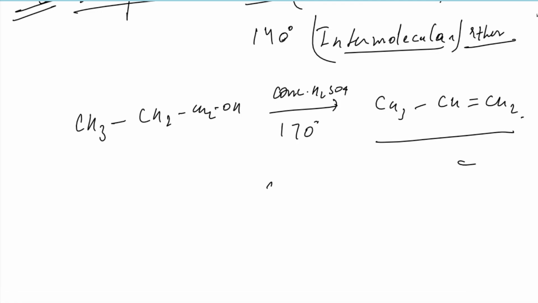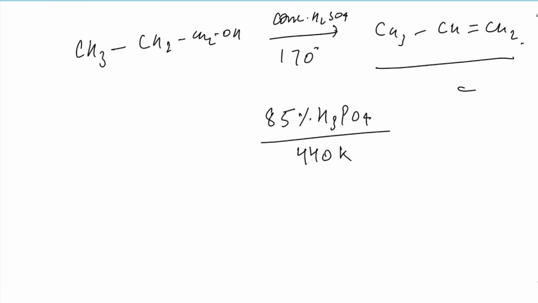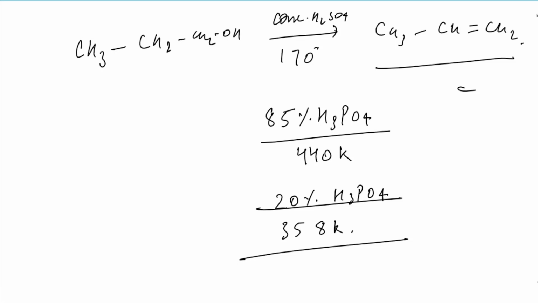Next to this, there are various other reagents we can use here. These are 85% H3PO4 at 440 Kelvin, or we can use 20% H3PO4 at 358 Kelvin. So these are also the different dehydrating agents we can use here.